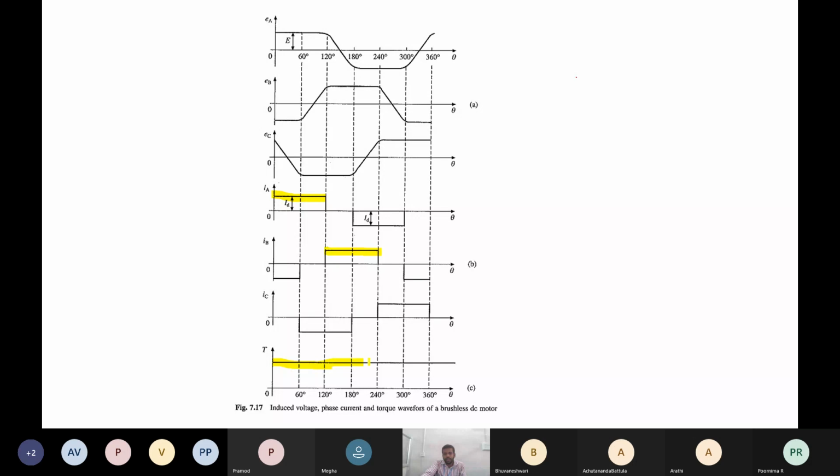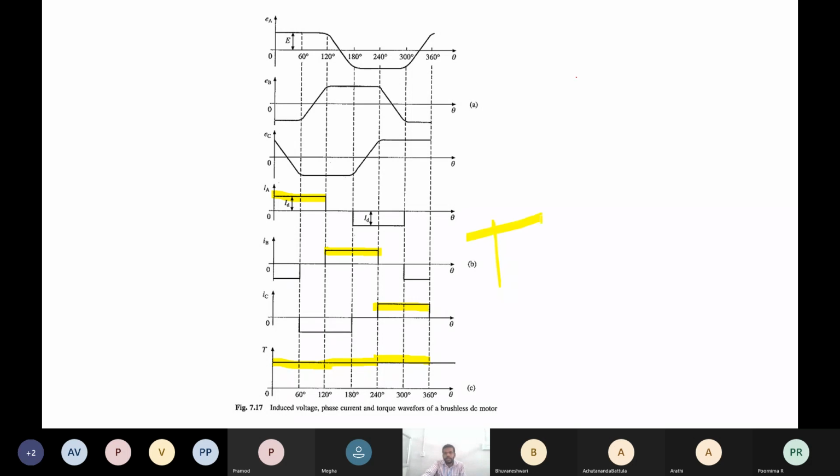So look here, this ID made the torque constant. And in the third cycle, IC made ID constant. IC made ID positive, sorry. IA made ID positive, IB made ID positive, IC made ID positive. So this positive ID leads to constant torque here.